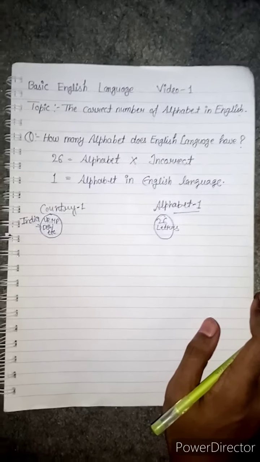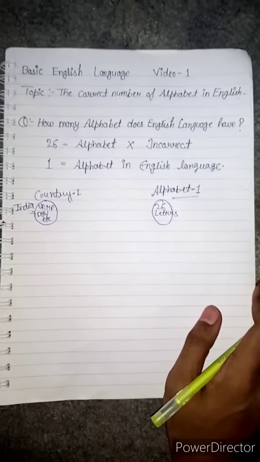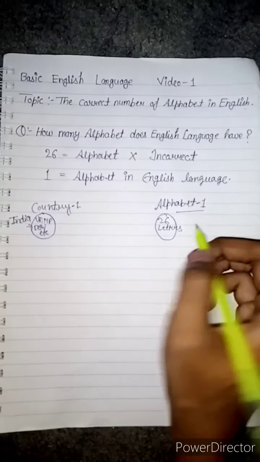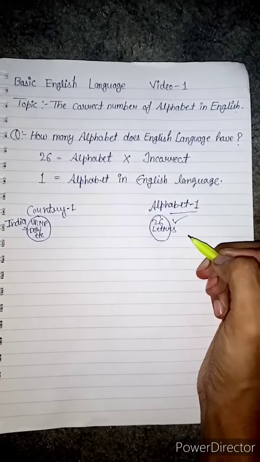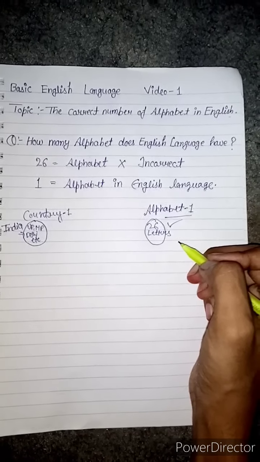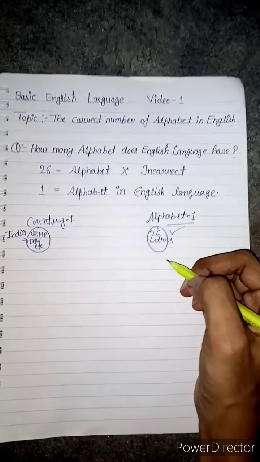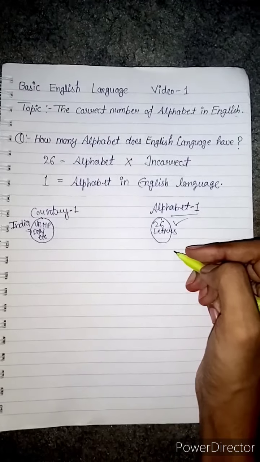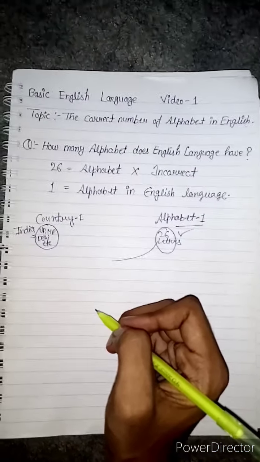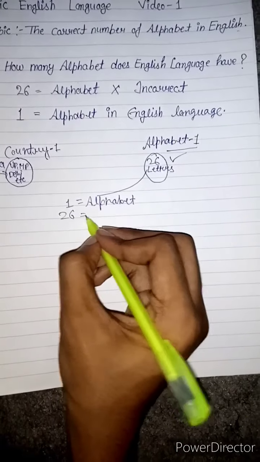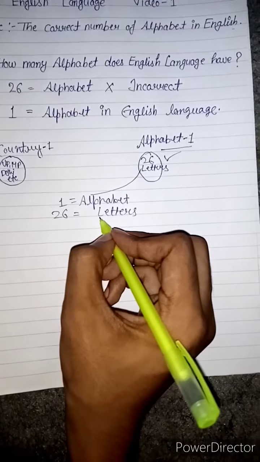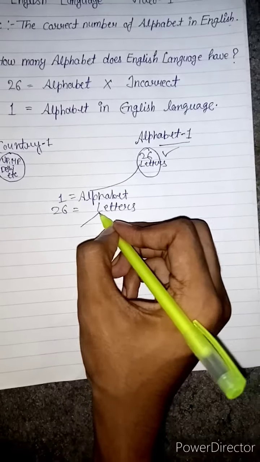Please keep noting down, everybody, so that in future you can use your notes. There is only one alphabet and 26 letters in alphabet. There are not 26 alphabets in English, only one alphabet in English, always remember. These 26 letters are divided into two categories.